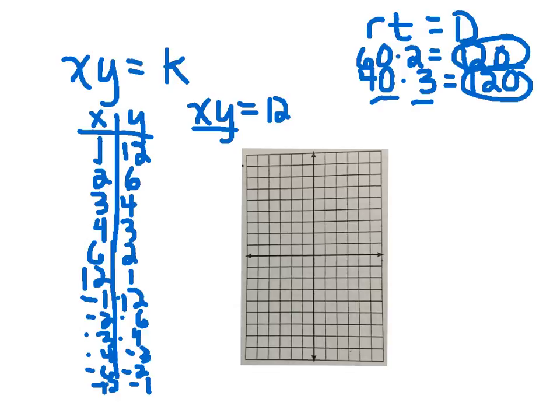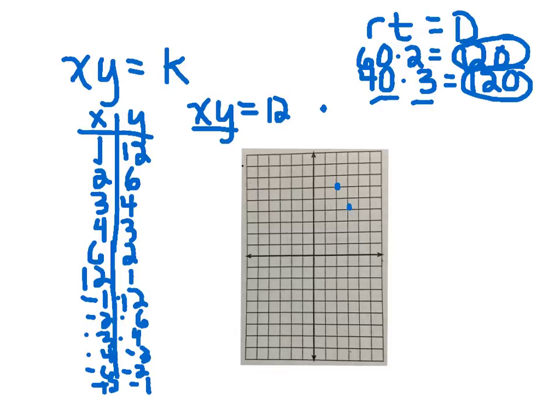Okay, so we've got 1, 12. Well, this is going to get off this graph. 1, 2, 3, 4, 5, 6, 7, 8, 9, 10, 11, 12. It would be somewhere up here. And then we have 2, 6. And then we have 3, 4.